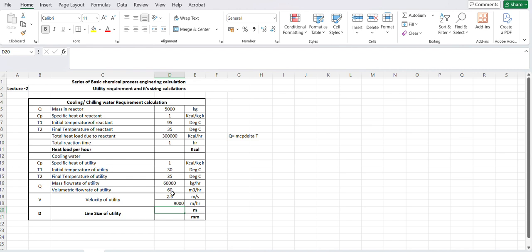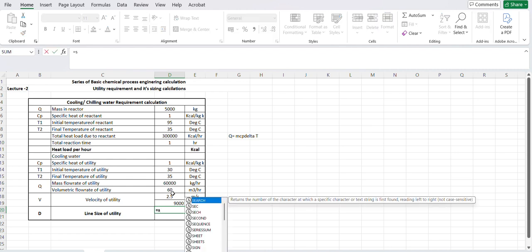Okay. So now, as you know, to calculate the line size we need the area of the pipe that covers the diameter of the pipe. To calculate the diameter of the pipe, we divide the flow rate by velocity into pi by 4.